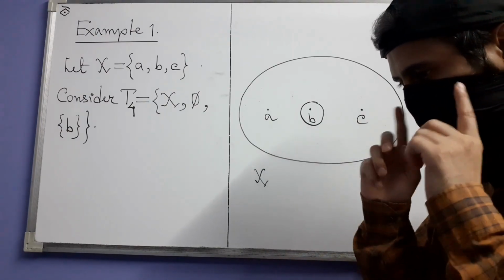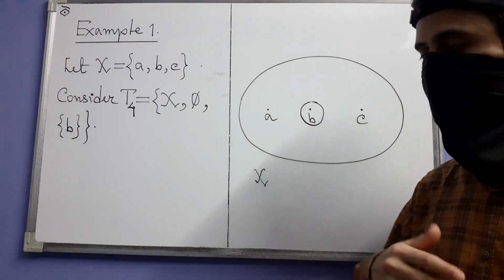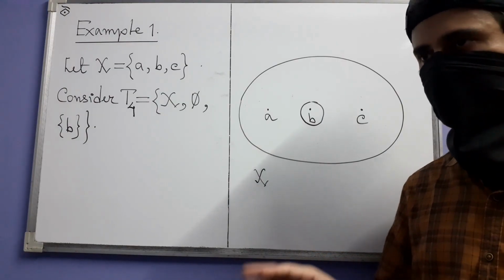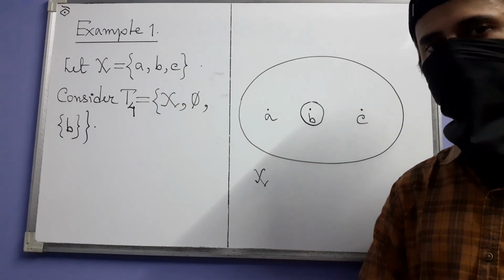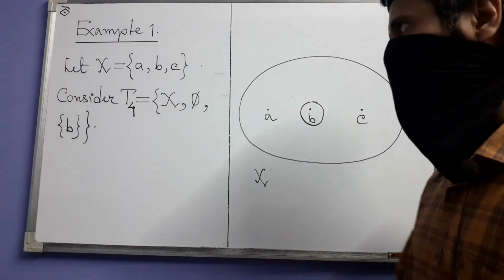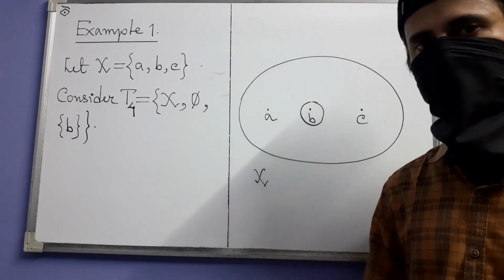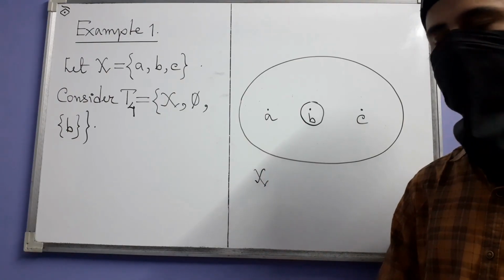But as you start thinking about it, you will see that it's really not that big of a task also. So I want to leave that part to you. Okay. So we just accept for now that this is also a topology on X. So you get another topological space X comma T4.